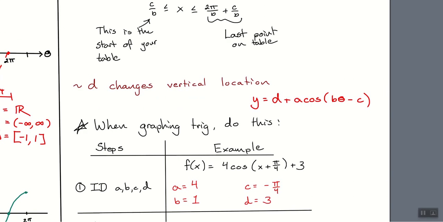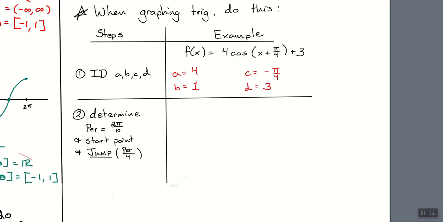Okay. In this one, let's dig in. If I want to know the period of this function, since it's sine or cosine, I'll say, okay, it's 2 pi over, what was b? How about on this particular problem, what's b? 1. So what's the period of our function? 2 pi. Okay. We then pick our start, and I'll write this on the other side of it as well.